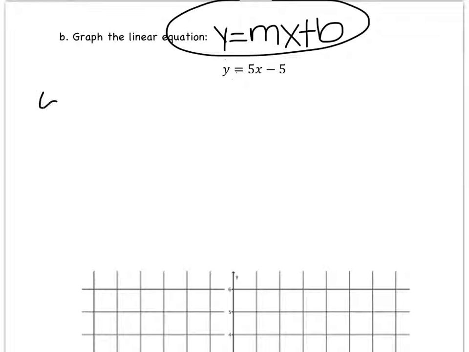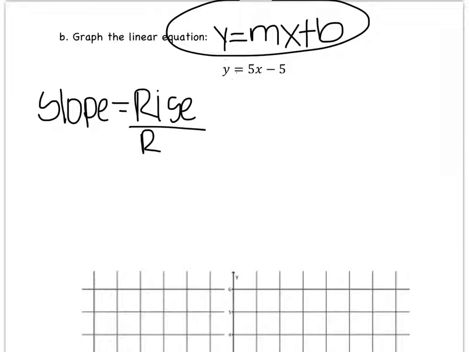I know my slope, which is my rise over run, is labeled with what letter? It's labeled with m. So what number is in place of my m? 5. Remember, to make 5 a whole number, a fraction, I just put it over 1.